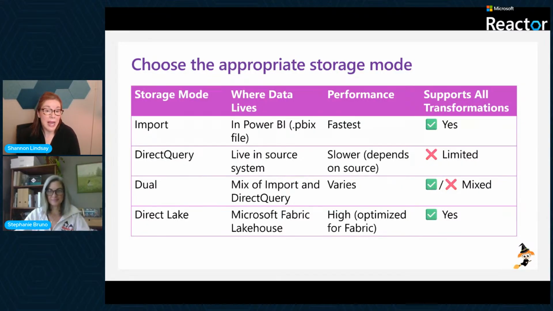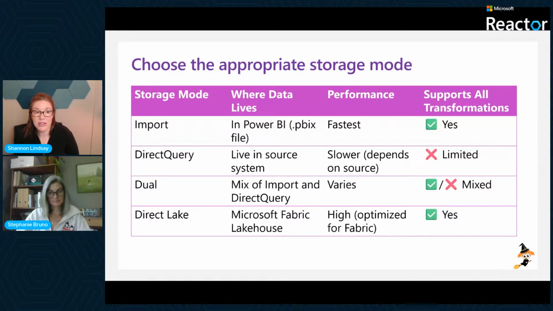Those are direct query, which is where the data lives in the source system and Power BI is connecting directly to that. So there are some implications where there is an impact on your source system that you need to think about. There are also some implications with the visuals have to query the original source to bring back the visuals. So you may find mixed results with speed on that.